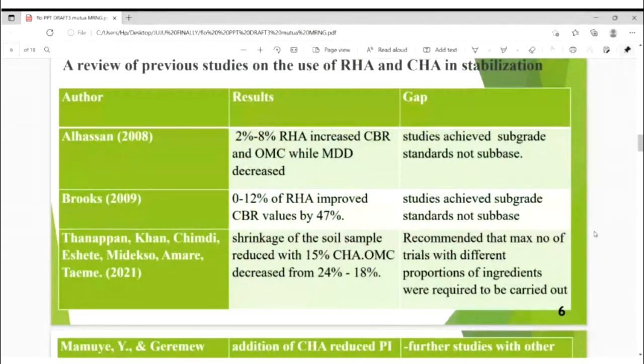And it was recommended that a maximum number of trials with different proportions of ingredients were required to be carried out.